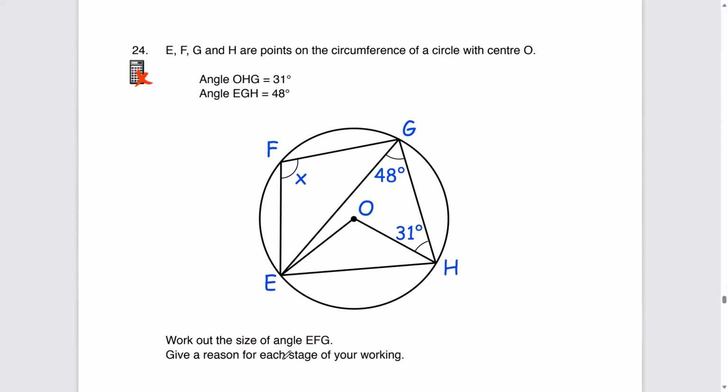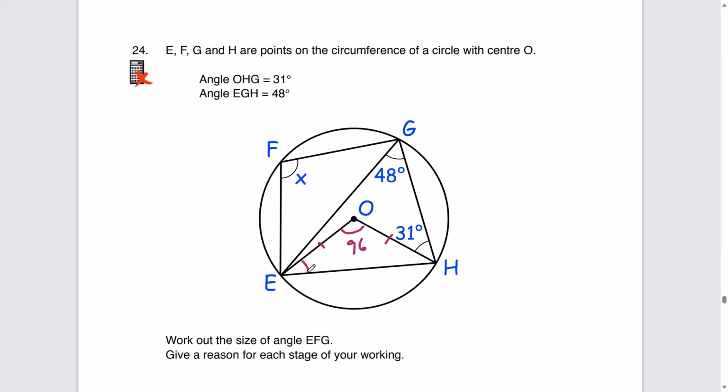And here you want to work out the angle EFG. That's this angle marked X. Quite interestingly, the angle at the center is twice the angle at the circumference. So here is going to be 96. Multiply this by 2. Good. And this is an isosceles triangle.